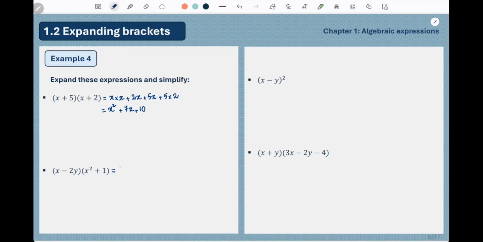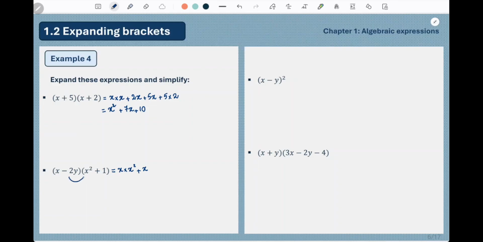So we have x times x squared. Then I'm going to add it to x times 1. So x times x squared, I'm going to write it here, plus x times 1, which is simply x. No need to write it like that.